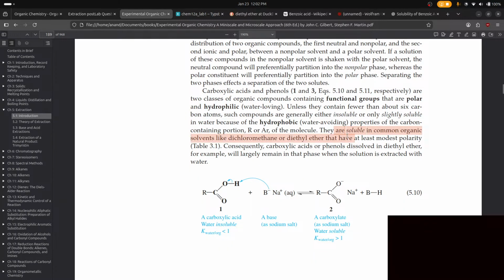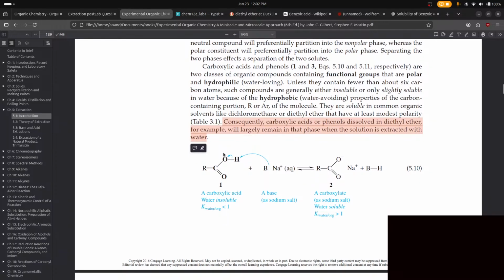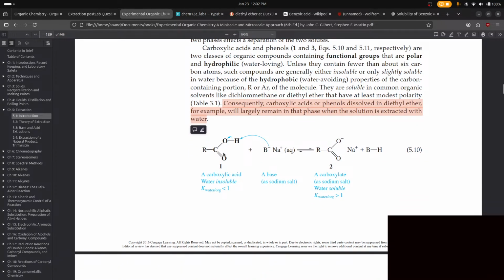They're soluble in common organic solvents like DCM or diethyl ether that have at least modest polarity. Carboxylic acids or phenols dissolved in diethyl ether will remain largely in that phase when the solution is extracted with water.